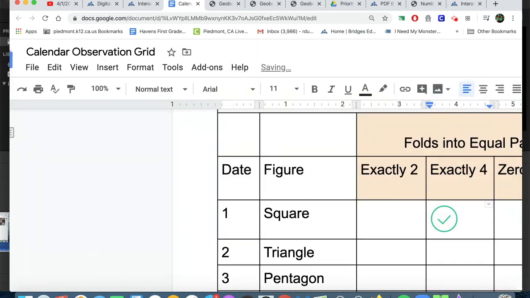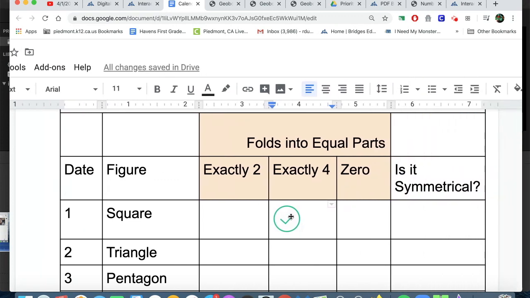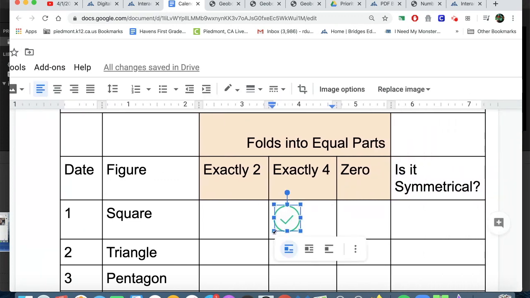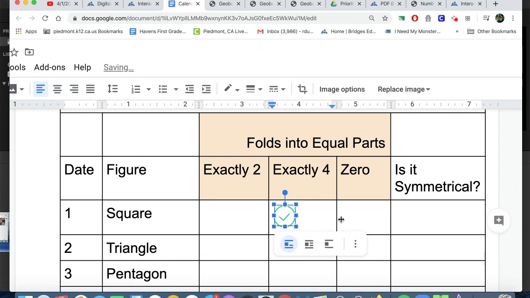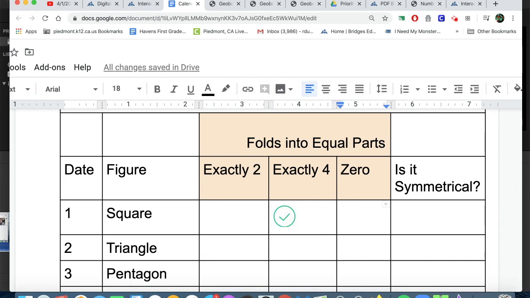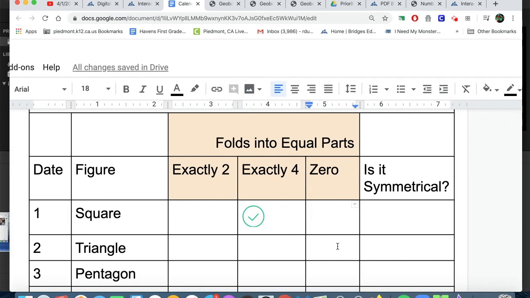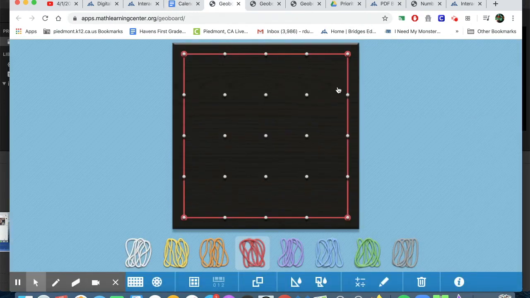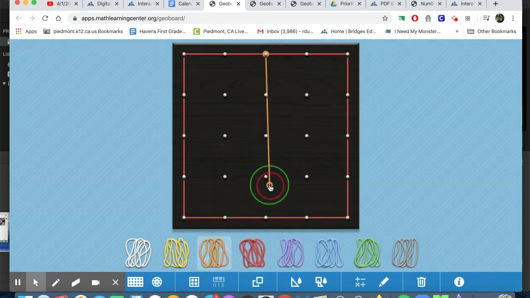Whenever we see that check, that means yes, you could do it. You would say it's symmetrical, and I want to quickly show you how you would look for that line of symmetry.